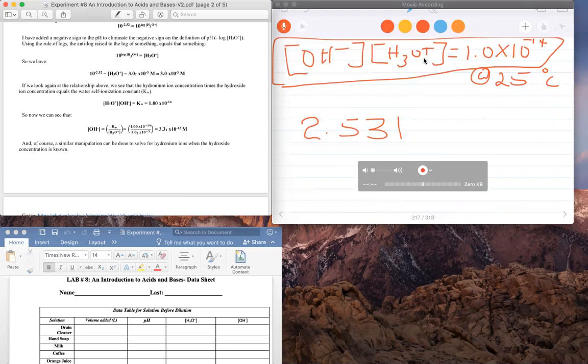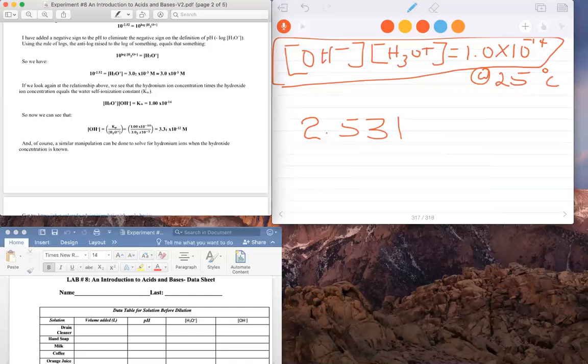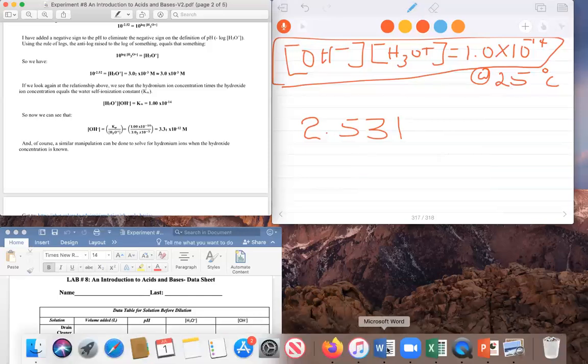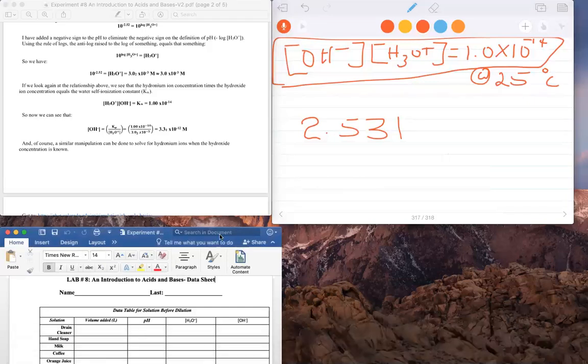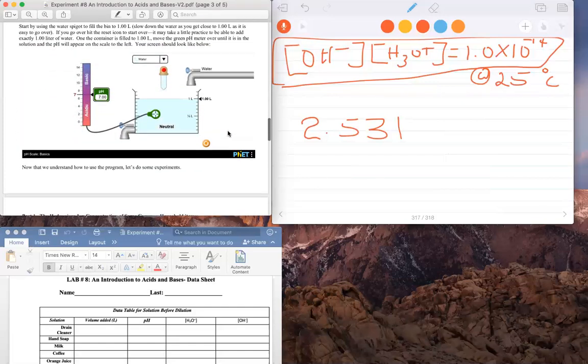Hydroxide times hydronium is equal to 1.0 times 10 raised to negative 14 at 25 degrees Celsius. This is the equation you will use. Look at this. This is what you will need in completing the data table.